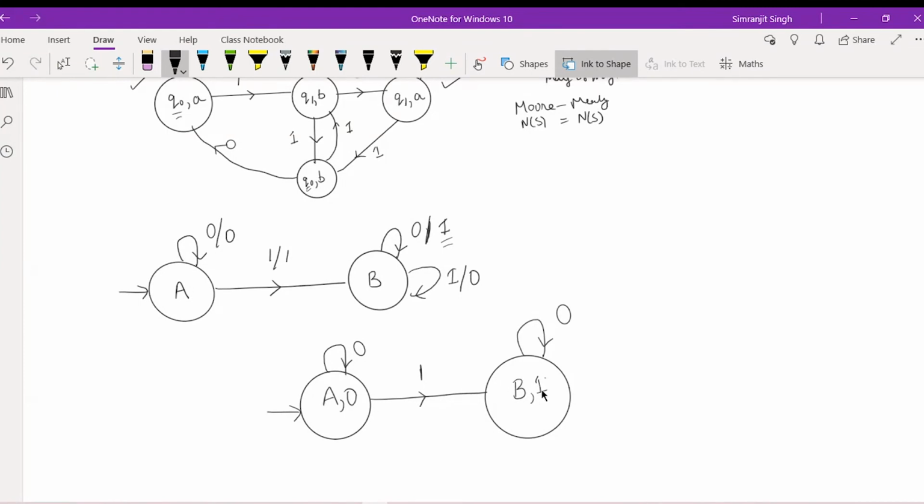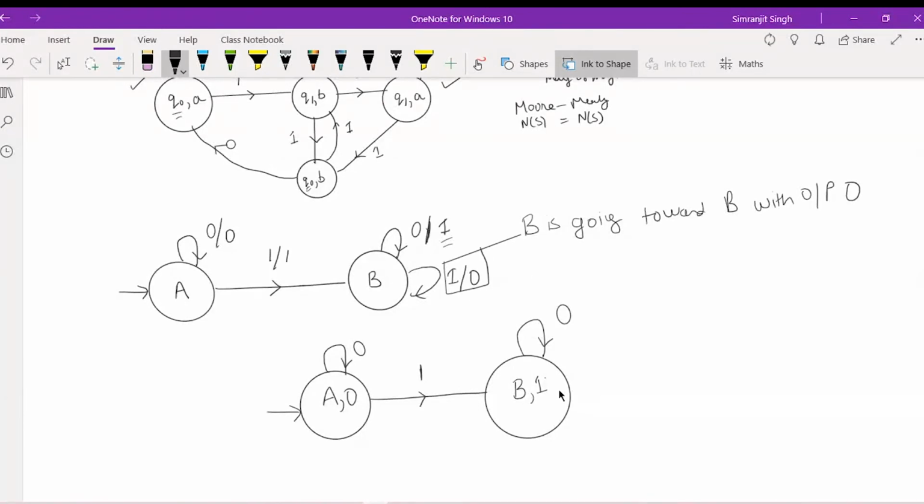But clearly we have that B which has an output of 1 here. So I cannot do a self loop here. So again the statement here is B is going towards B with output 0 for this loop.